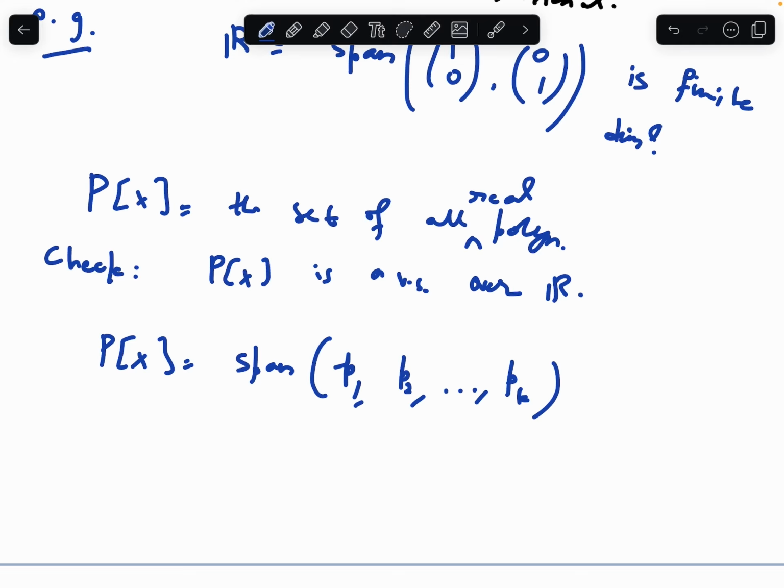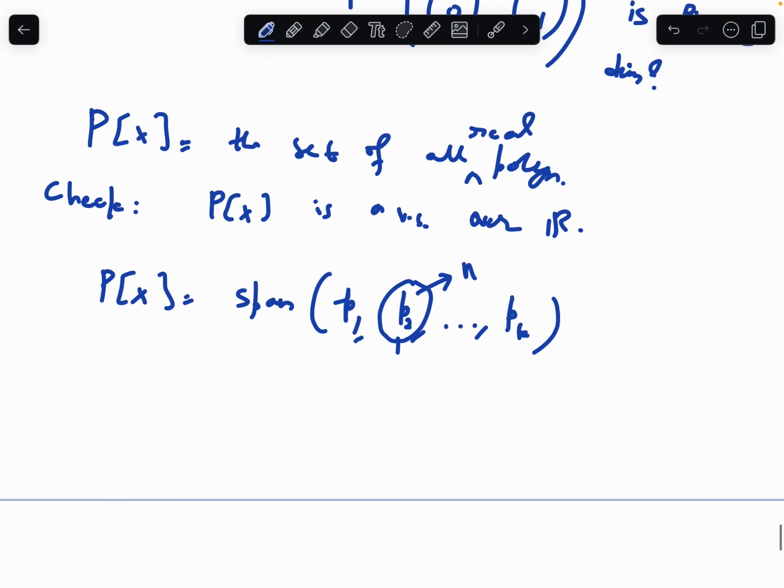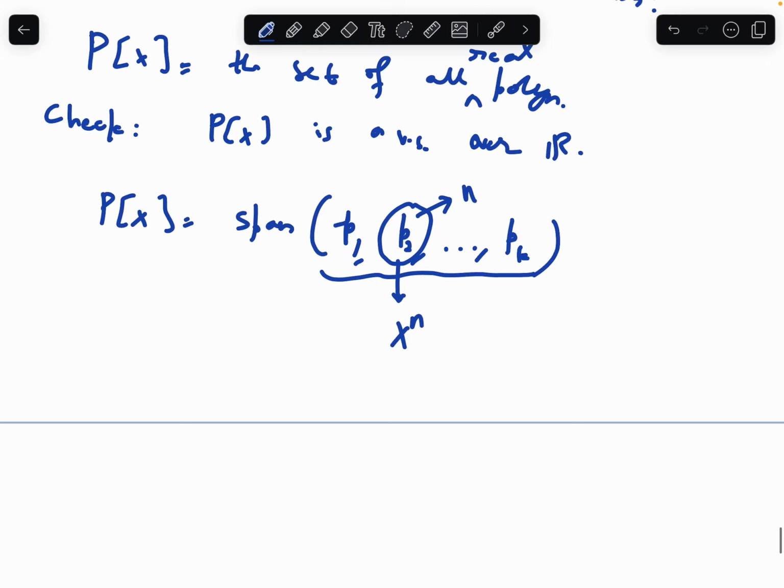Now look at the polynomial with the highest degree. Let's say P2 is the polynomial of highest degree. Let's say its degree is n. That is, it will have an x to the power n term inside because its degree is n. This is the highest degree in all these polynomials. That means x to the power n plus 1 is not inside any of these polynomials.